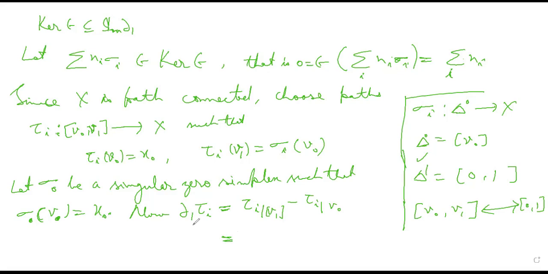Now tau I restricted over v1, you see here, it will give this sigma I, and this is sigma naught.